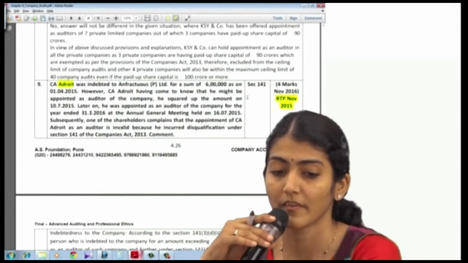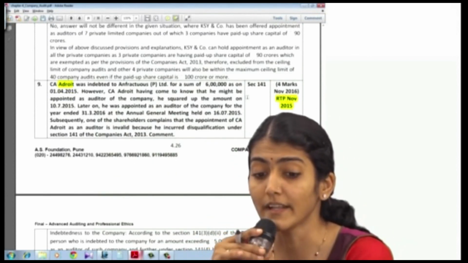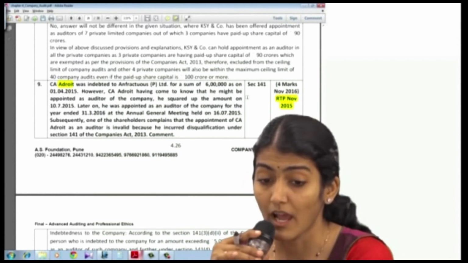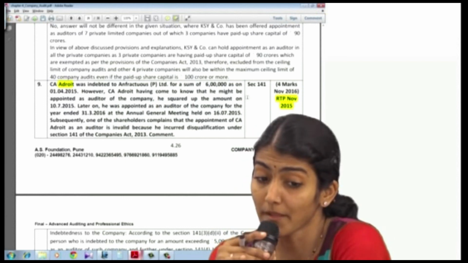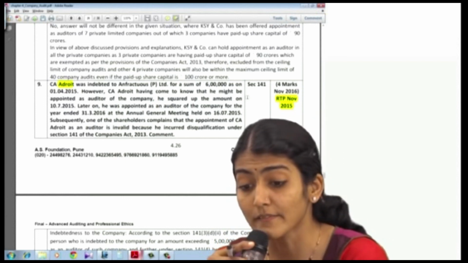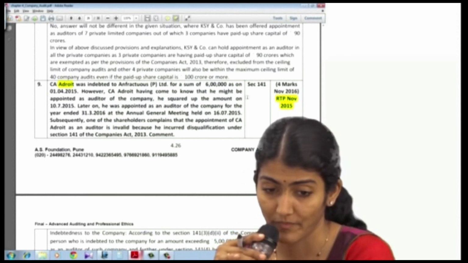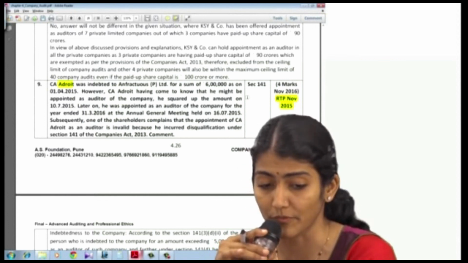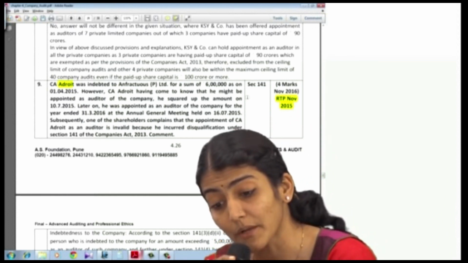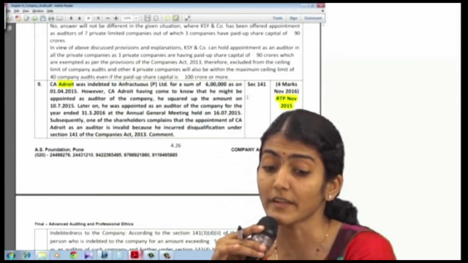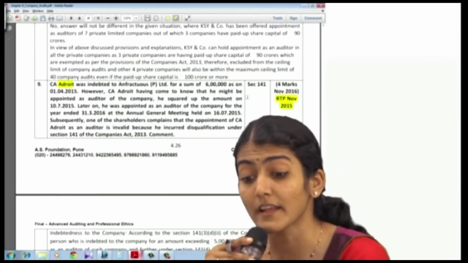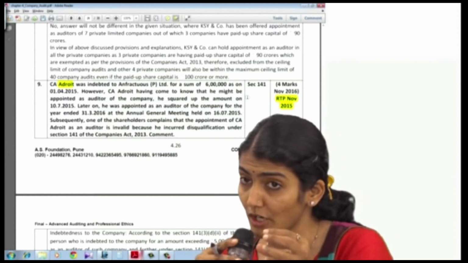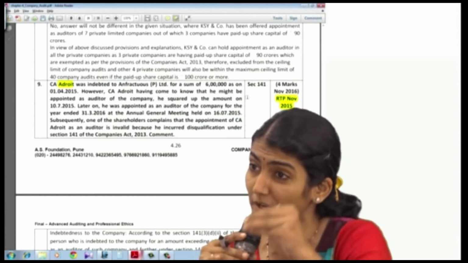Question number 9. Adroit was indebted to Infractious for a sum of 6 lakh as on 1st April. However, Adroit came to know that he might be appointed as an auditor of the company. He squared up the amount on 10th of July. Later on, he was appointed as an auditor for 2016 at the AGM on 2015. Consequently, one of the shareholders complains that the appointment of CA Adroit as an auditor is invalid because he incurred disqualification under section 141. No, the disqualification should not be attracted as on the date of appointment.